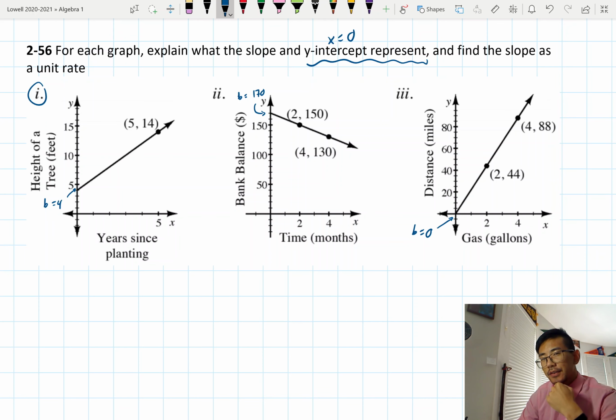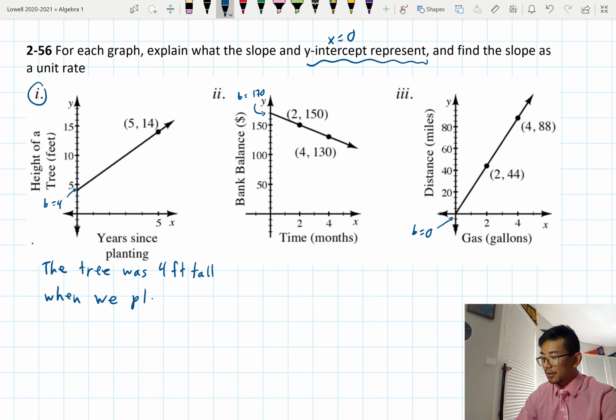And so in this case, if it's the year since planting, that would tell us that the baby tree that we planted was 4 feet tall when we planted it. I think that makes sense.